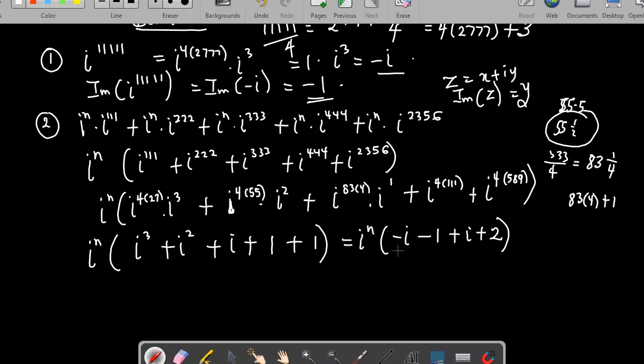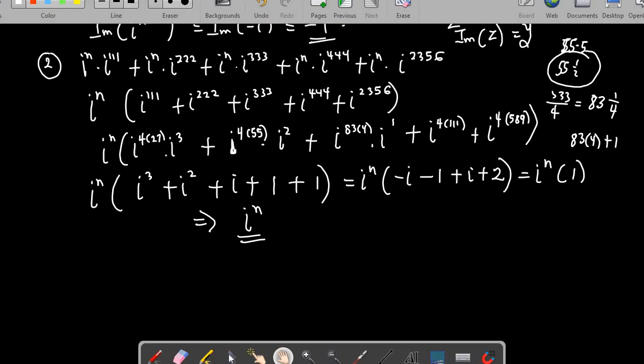I mean 1 plus 1 minus i plus i, that's 0. The minus 1 plus 2, that's 1. So that's i raised to the power n times 1. So your answer would simply be i raised to the power n. So the simplification of all these long expressions is just i raised to the power n. I hope you are learning.